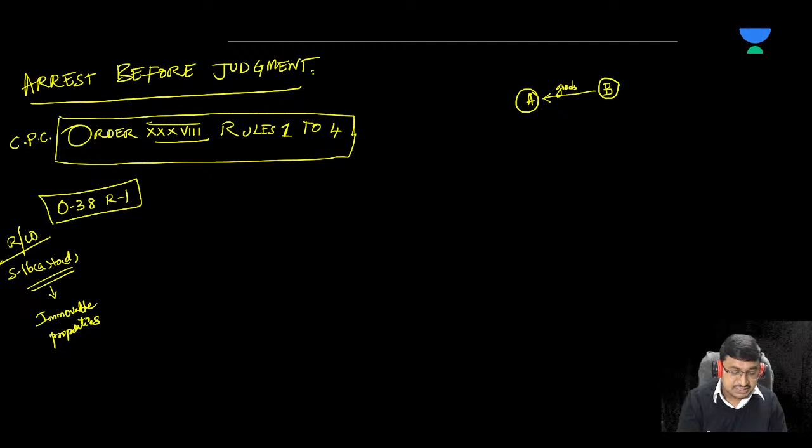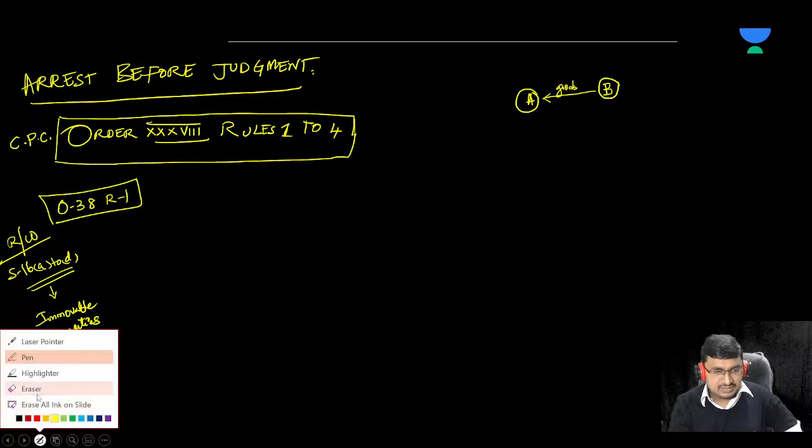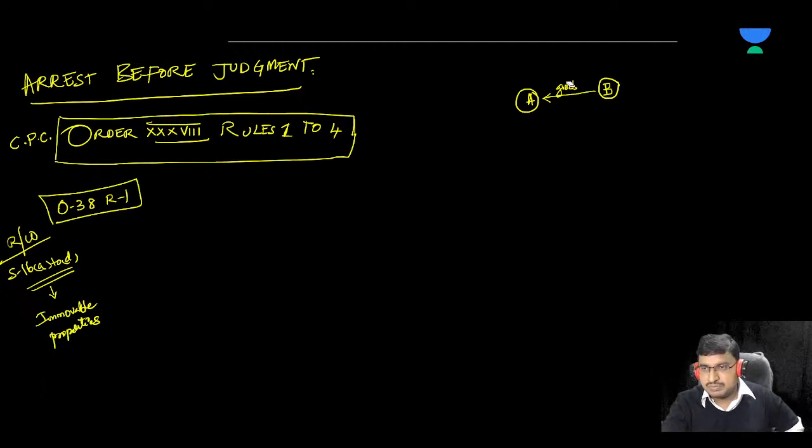For instance, let us take this illustration of compensation for wrong to the immobile property.